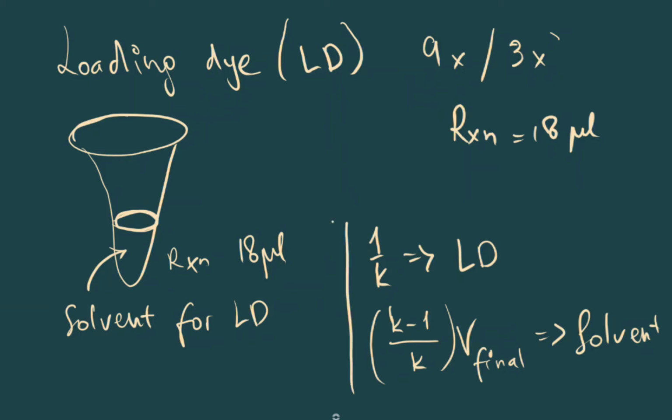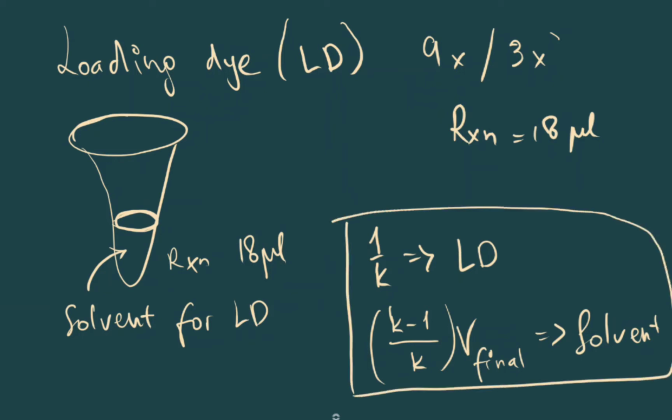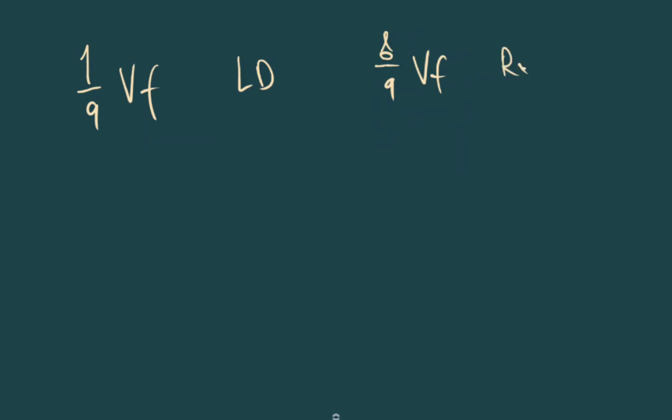Okay, so for this we could find a lot of stuff, so let's see. What is actually really cool is that from the previous expression, 1/9 of the final volume is occupied by loading dye, and 8/9 of the final volume is occupied by our reaction.